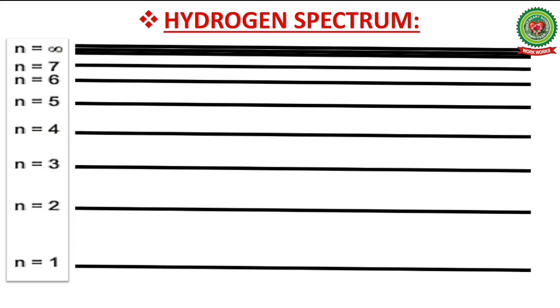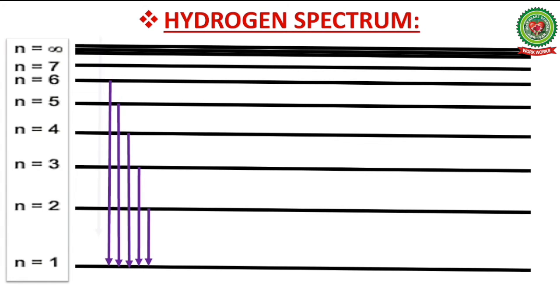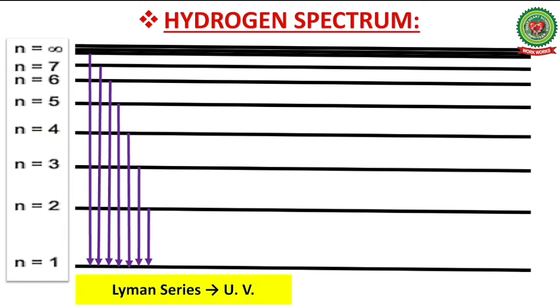Now in the hydrogen spectrum, when the electron gets excited and comes back, if the electron comes to shell number 1, that is n equals 1, from different energy levels like 5 to 1, 6 to 1, 7 to 1 and from infinity to 1, then that series is known as the Lyman series and it lies in the ultraviolet region of the spectrum.